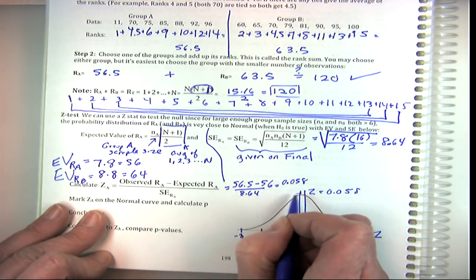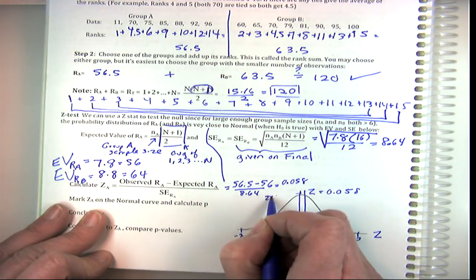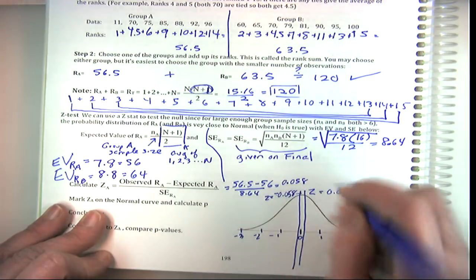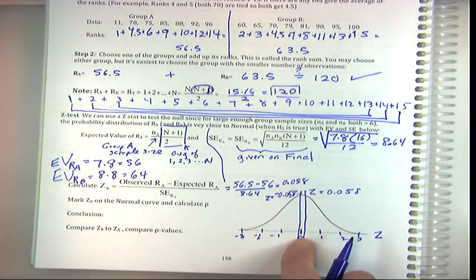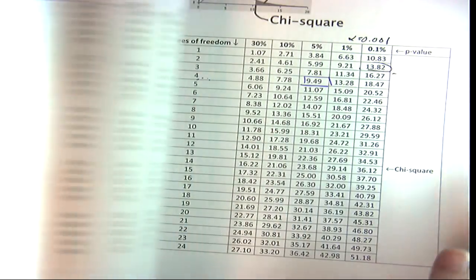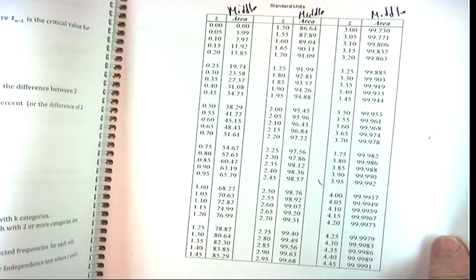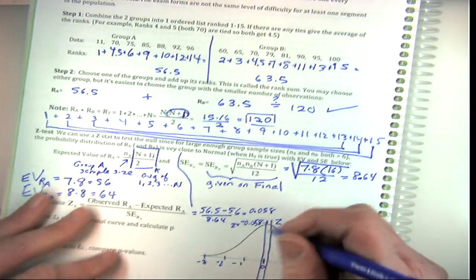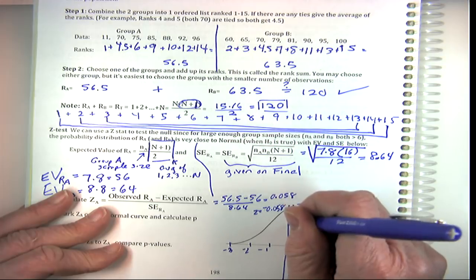And here on this side, it's z equals negative 0.058. And we're just trying to find the area in between those so we can get the p-value. So what's the middle area there? It's just a tiny little slice. Let's just say it's 4%. I mean, it's certainly not significant.